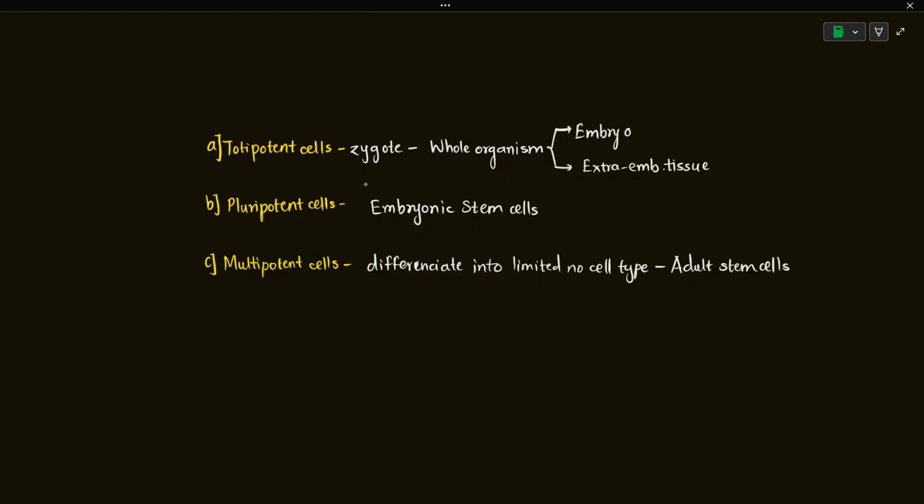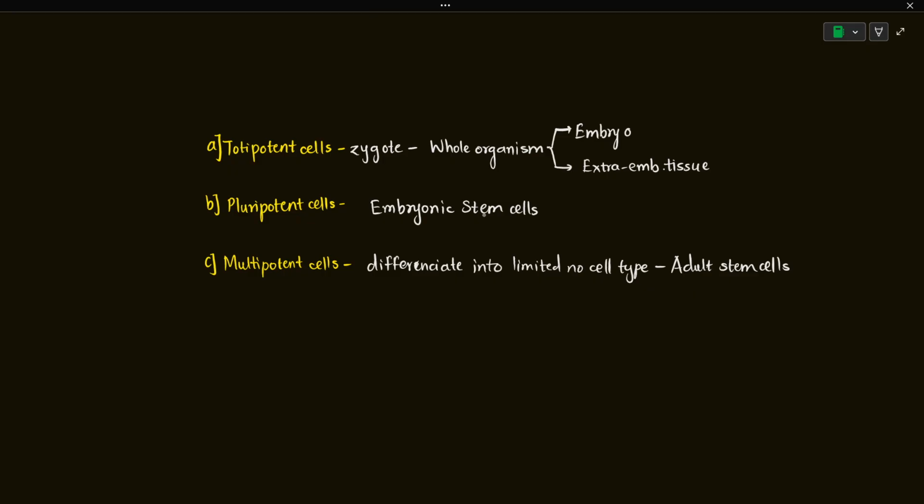Unlike the embryonic stem cells, which can give rise to the different types of cells that can be found in an individual, except the extra embryonic tissue. Well, for the development of a whole organism, you need extra embryonic tissue as well.